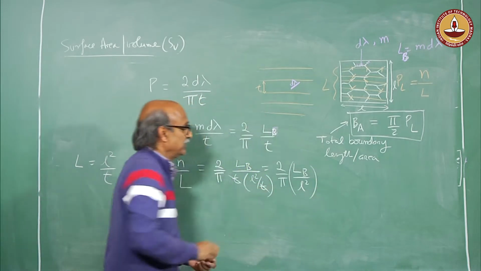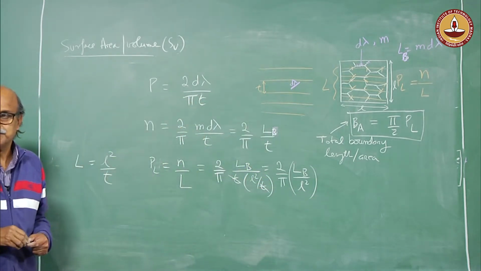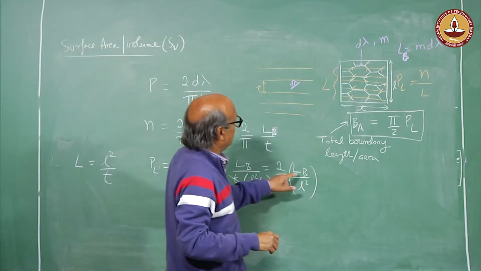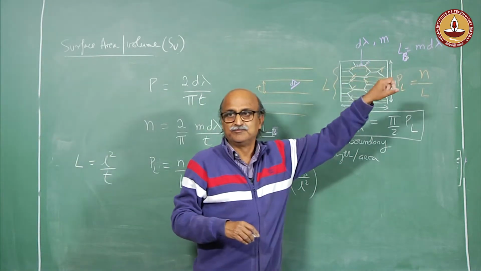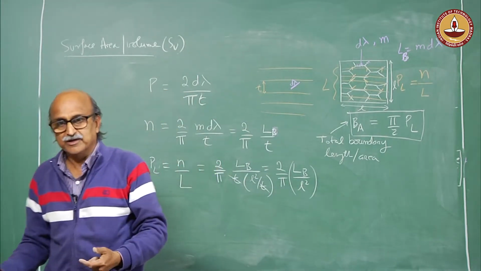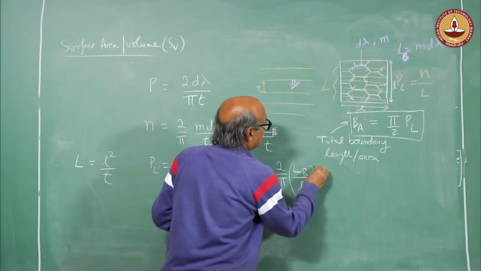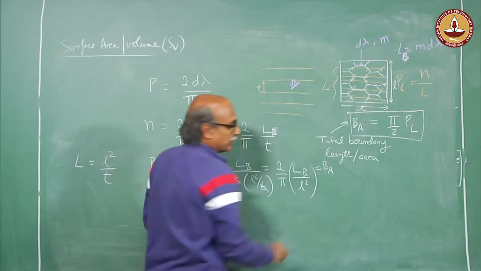What is this quantity? L b upon L square. L b is the total length of grain boundaries divided by the area over which it is present. So, therefore, this is nothing but boundary length per unit area.